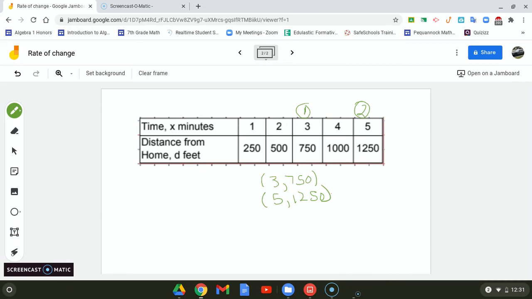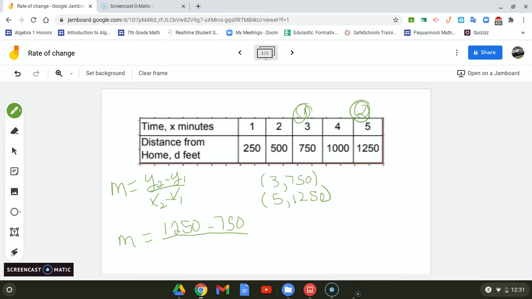Okay, so let's calculate our slope. And again, our formula is going to be y2 minus y1 over x2 minus x1. And we've determined which is point 1, which is point 2. So our y2 in this case is going to be 1250. Our y1 is going to be 750.